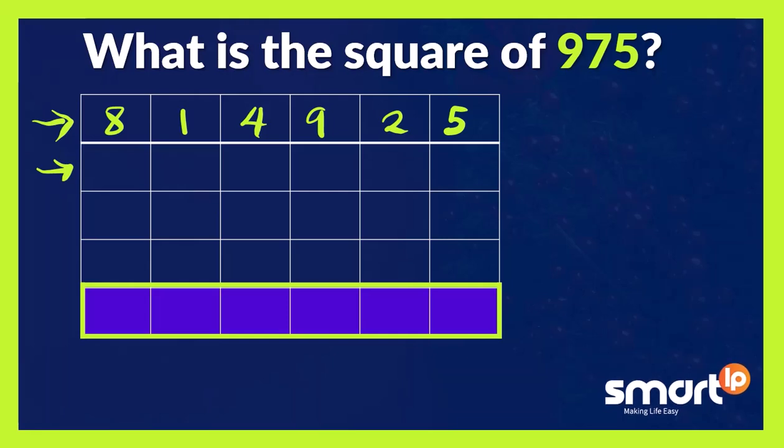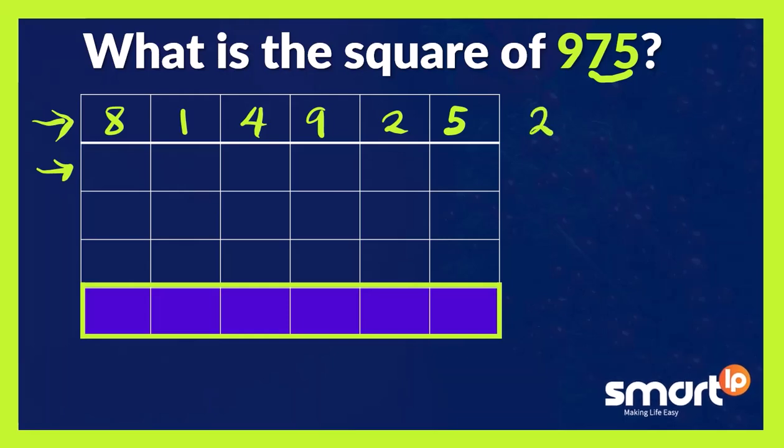Okay, so to start from the second row, this is what we need to do. You're going to take the second and the last digit, and you will multiply that by 2. So you're taking 7 and you're taking 5, and you're going to multiply that by 2.